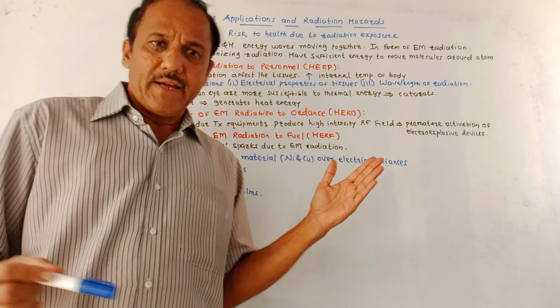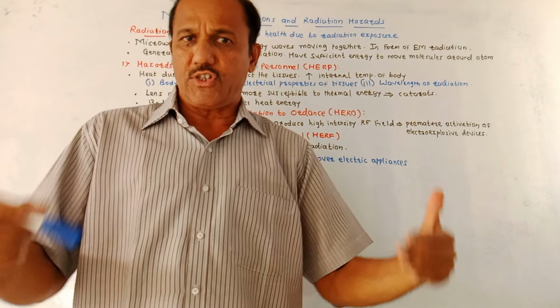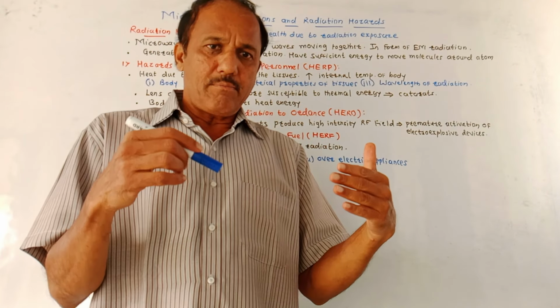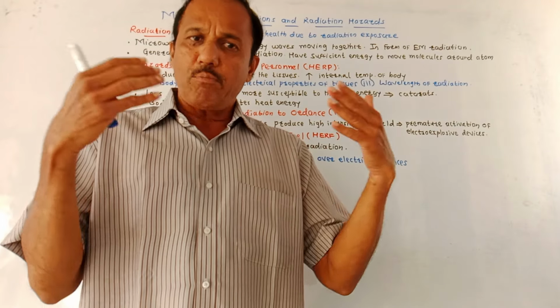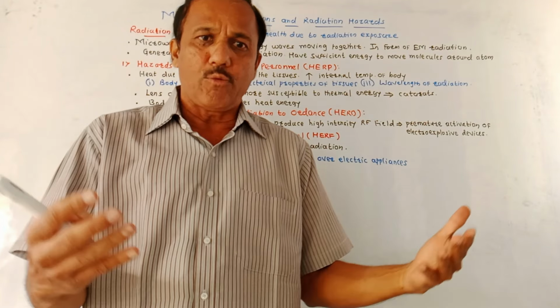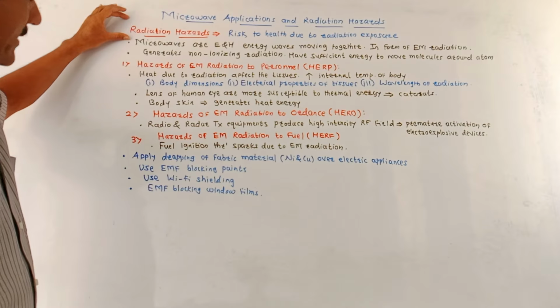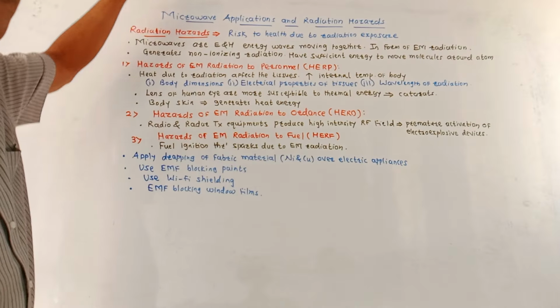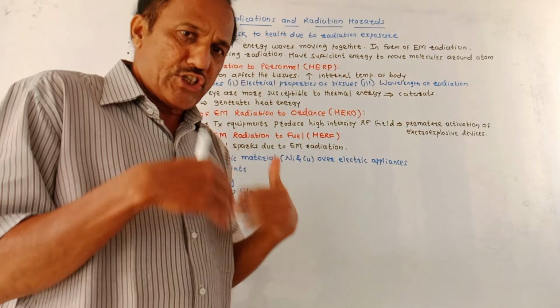Next most important part is radiation hazards. From the exam point of view, you may expect questions like this: what are the microwave radiation hazards, what are its types, or what is the effect of microwave radiation on humans and how can it be avoided. Basically, radiation hazards means the risk to health because of microwave radiation exposure.